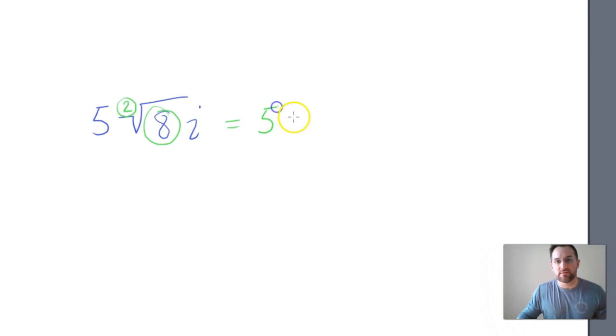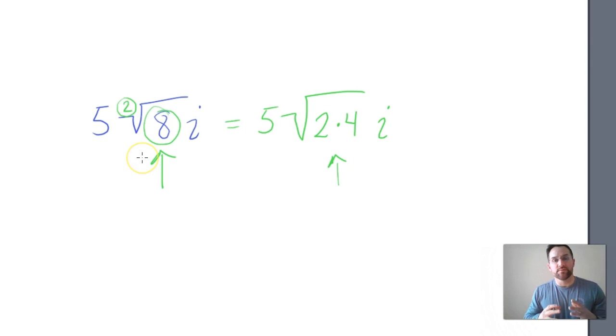Because it can be 5 times square root of 2 times 4 times I. And again, remember, when we factor, all we're doing is breaking down the multiplicative components of some product. And in this case, the product is the radicand of 8, right? The radicand is really 8i, but we're focused on this aspect of the radicand, right? 8.